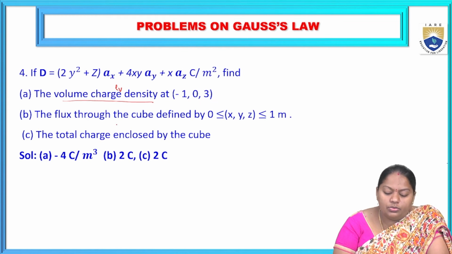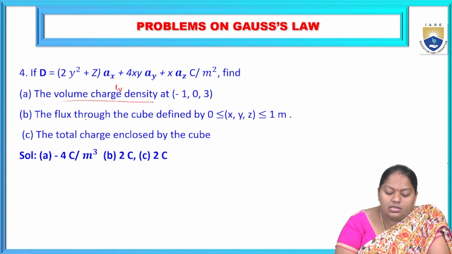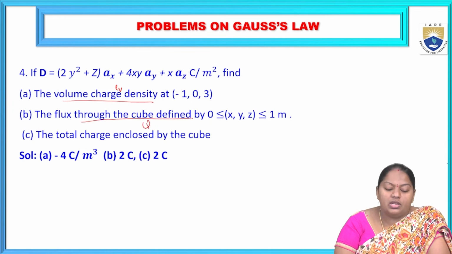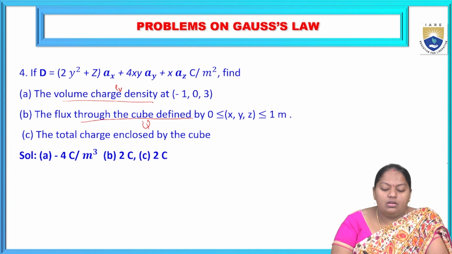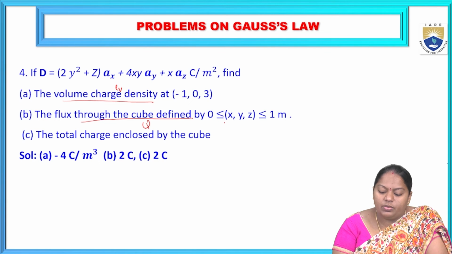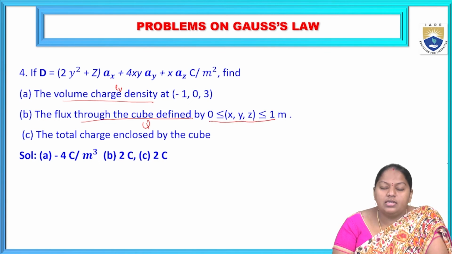Then the flux through the cube defined by, means psi we need to find. The flux notation here we are using in electric fields is psi, and flux through the cube defined by means the variables x, y, z are ranging from 0 to 1 meters.